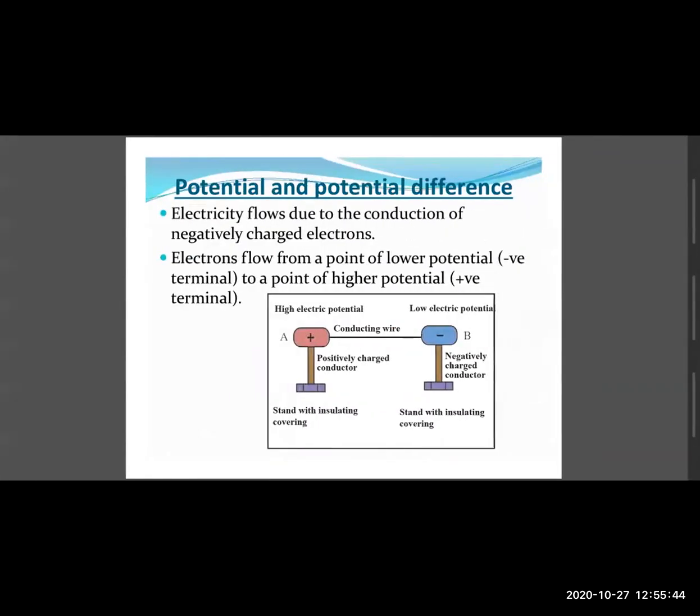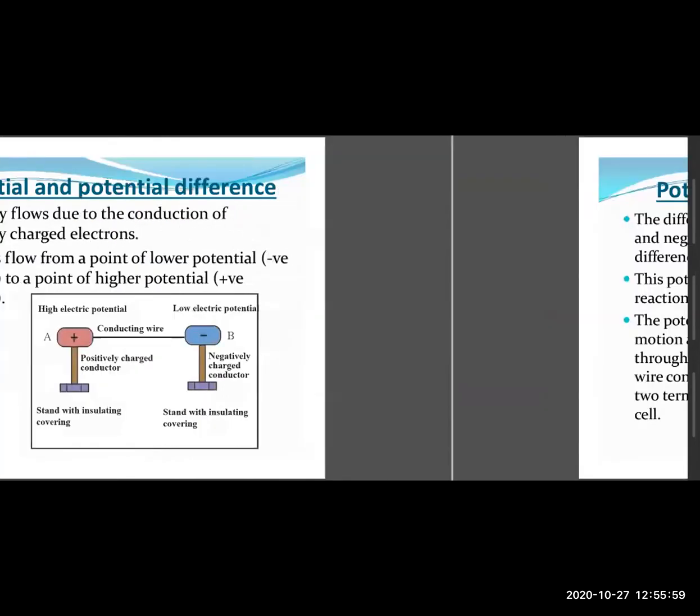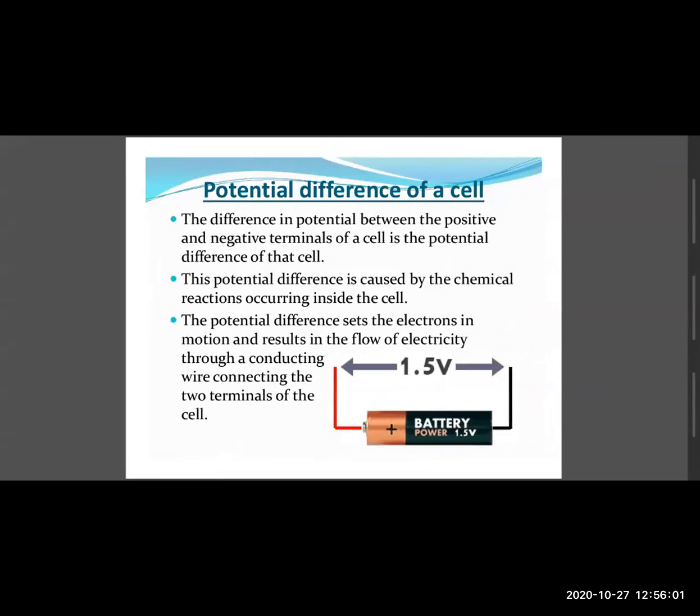Okay, then further, this is what we had seen, right? When you connect those terminals which are oppositely charged, the positive and the negative terminal, the electricity will flow between these terminals from the positive end to the negative end, right? Then further, we had also discussed the potential difference of a cell. A cell always has two terminals, the positive and the negative terminal, right?